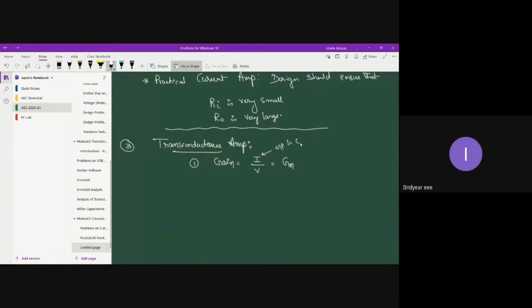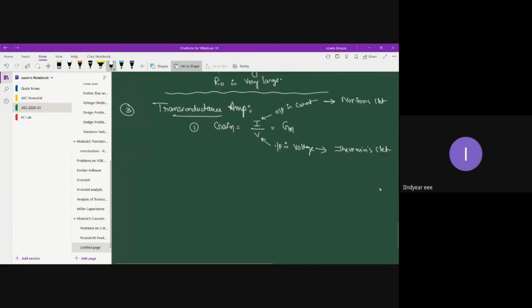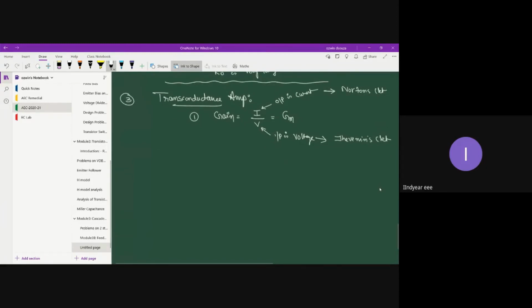Output is current, correct? And your input is voltage. On the output side, you should have a current, which means the output should be drawn with the help of Norton's circuit. And on the input side, you have the signal as voltage, so you have to have a Thevenin circuit on the input side. That's how we construct the basic amplifier circuit.